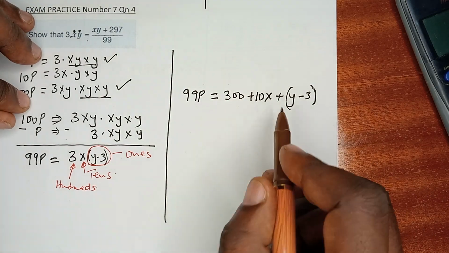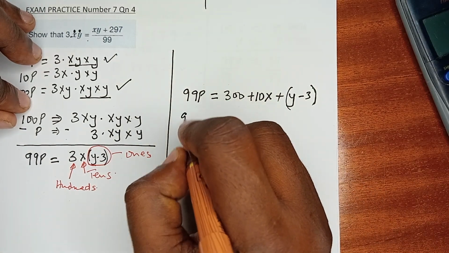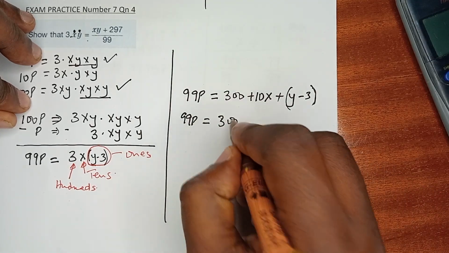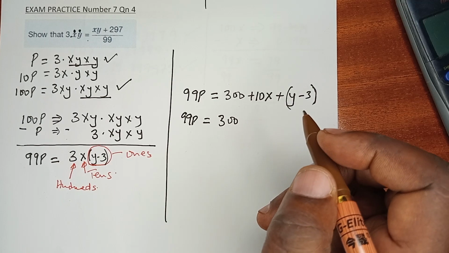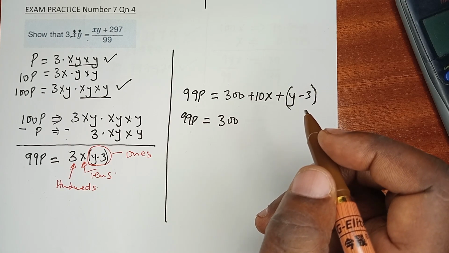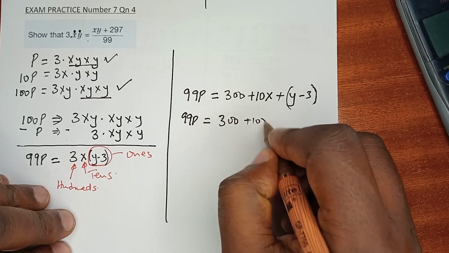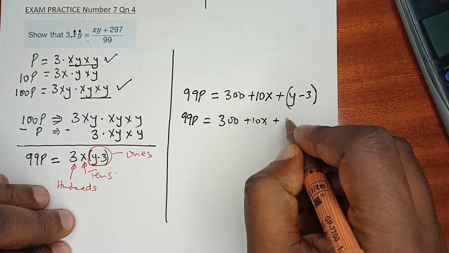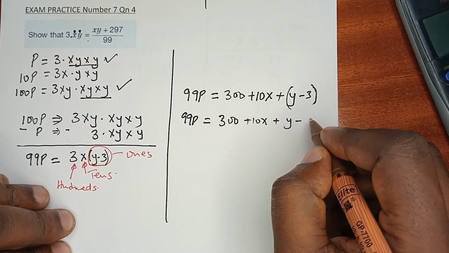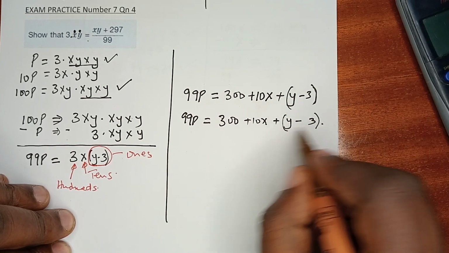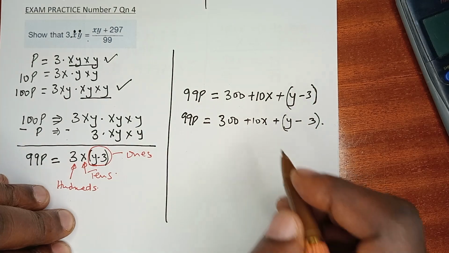If you open this bracket, we're going to have 99p equals 300 plus 10x plus y minus 3. These are already in the ones position, so both of them are together in ones.